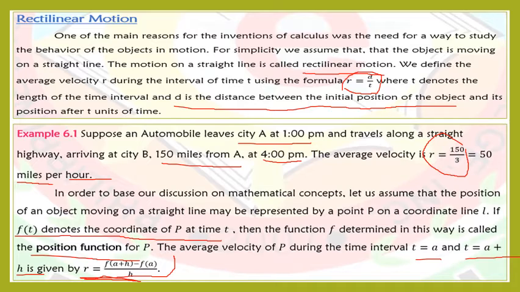So, pwedeng ma-apply na natin yung atong discussion natin sa mathematical concept. Kasi usually, ang alam natin na topic na ganito is sa physics natin siya na-encounter. So, pwede natin siyang ma-base into mathematical concepts.